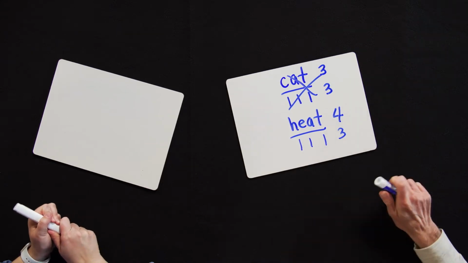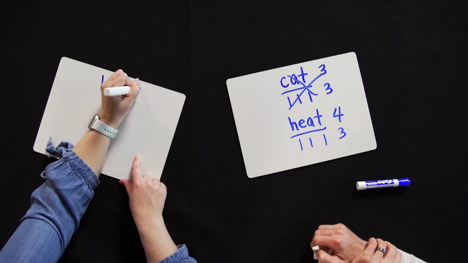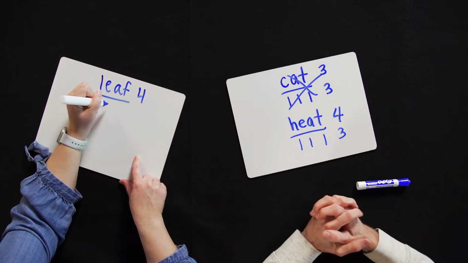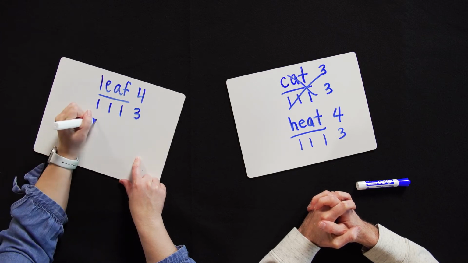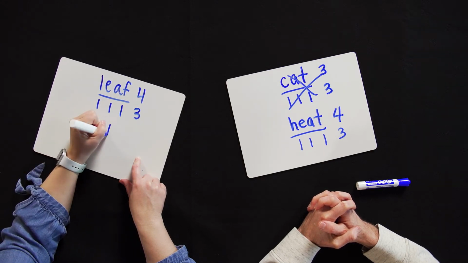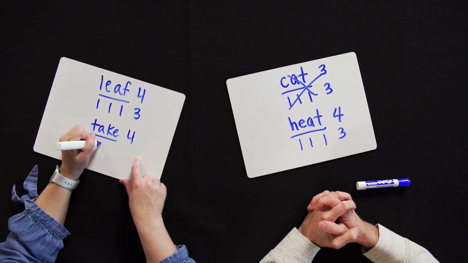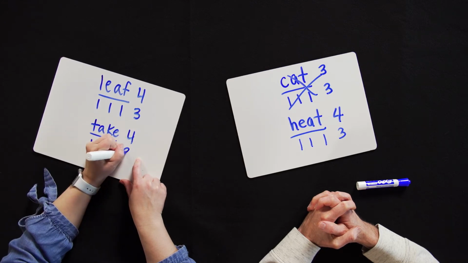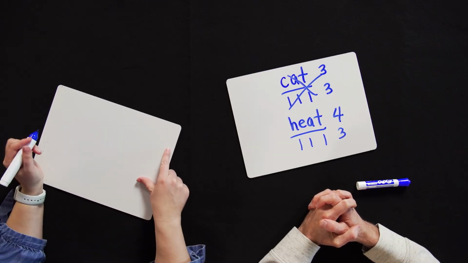Let's see. Leaf. It has 4 letters, l, e, f, but only 3 sounds. Good. Take. It also has 4 letters, t, a, k, but only 3 sounds. Can you think of others? Let's see.